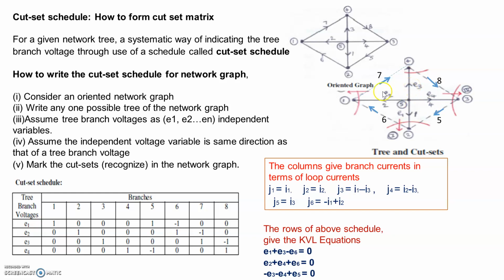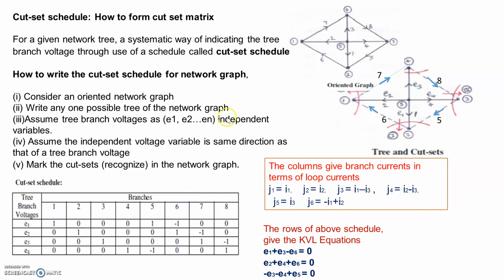You can take tree branch voltages as E1, E2, E3, E4 anywhere, irrespective of tree branch numbers. Assume the independent voltage variable in the same direction as that of the tree branch voltage. Mark the cut sets recognized in the network.